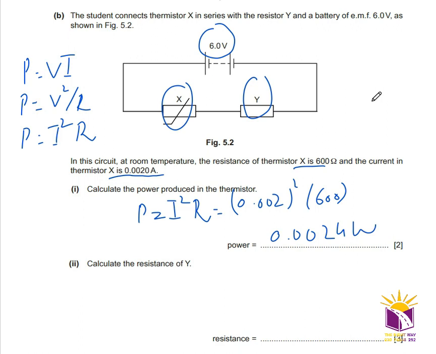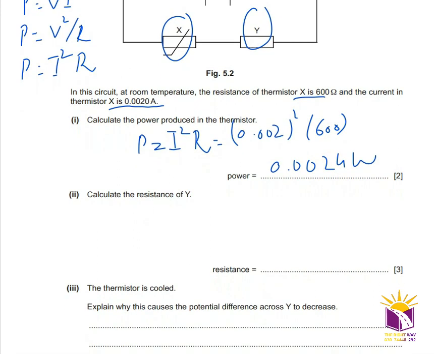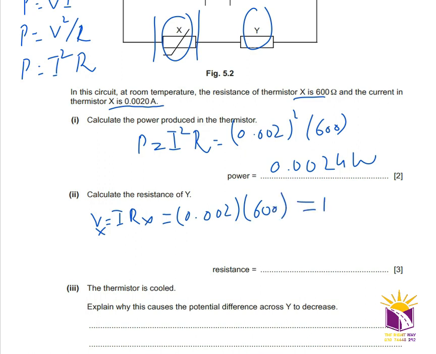Now we have to calculate the resistance of Y. First of all, I am going to find the voltage across X. V is equal to I R, so Vx is equal to I Rx, which will be 0.002 multiplied by resistance 600, and it will be equal to 1.2 volts.